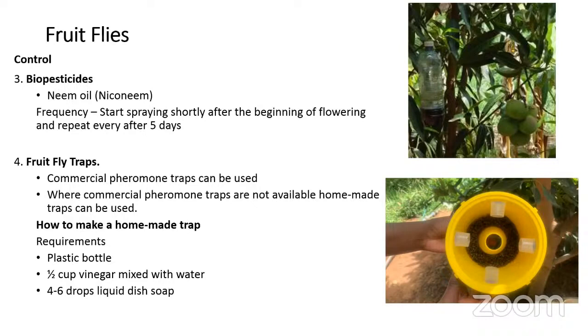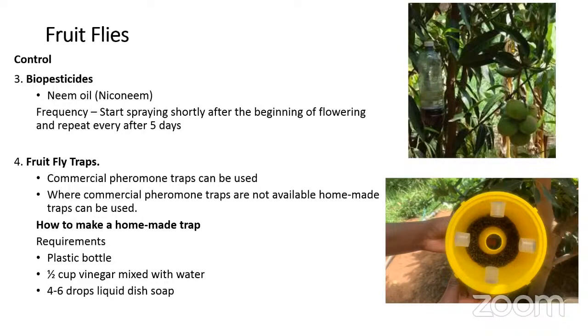In that picture, which is below, it shows this trap with the fruit flies which were captured. Then on top, there is a bottle which is hanging in a tree, a plastic bottle. This was extracted from the internet.